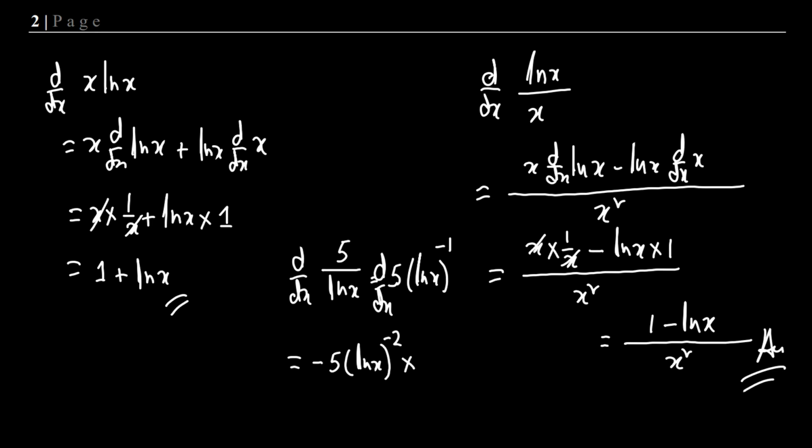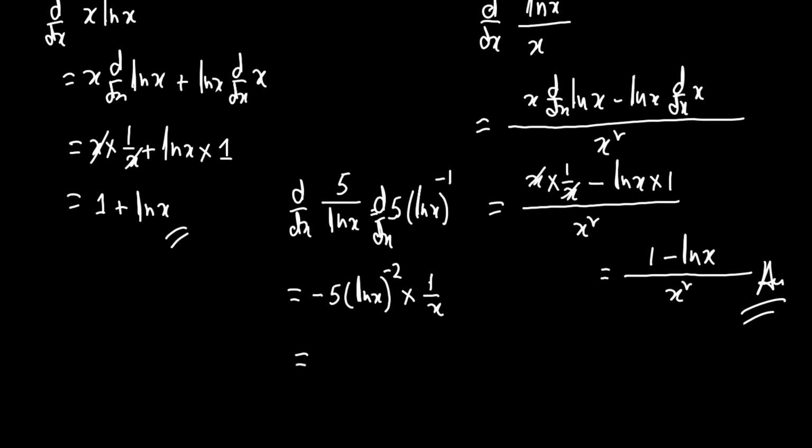Now inside the bracket if we differentiate ln x, we got from here 1 by x. So we needed to write in simplified form, which is minus 5 over, on the denominator we needed to write x ln x whole square, and this is our answer of this question. Hope you understood the way we are doing the question.